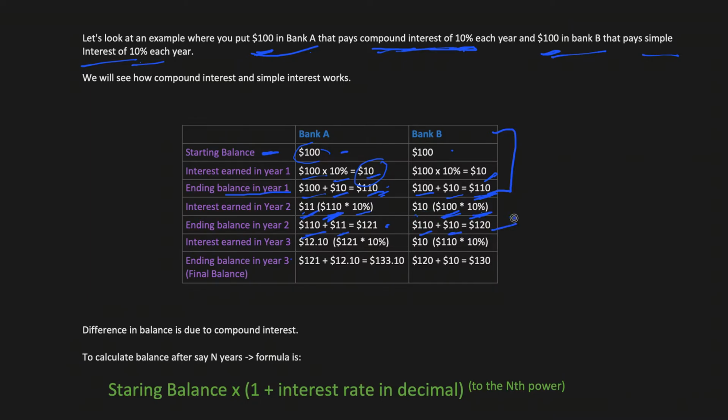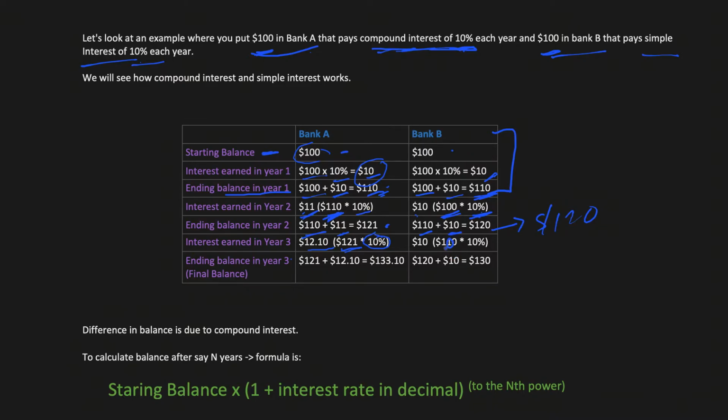So that gives us a balance of $120. Again, in year three, for bank A, we will use $121, which is the amount that we have so far until year two, and then multiply that by 10%. We get $12.10.